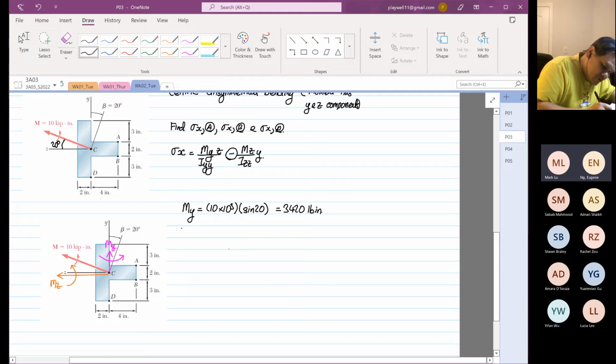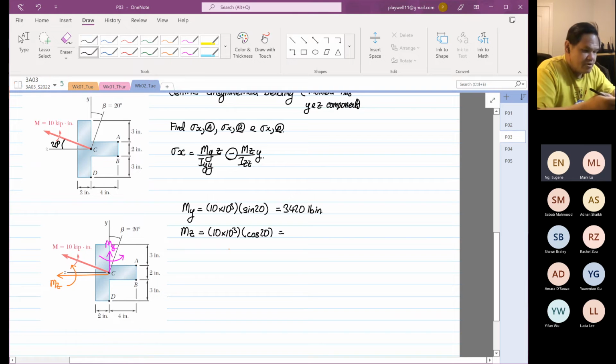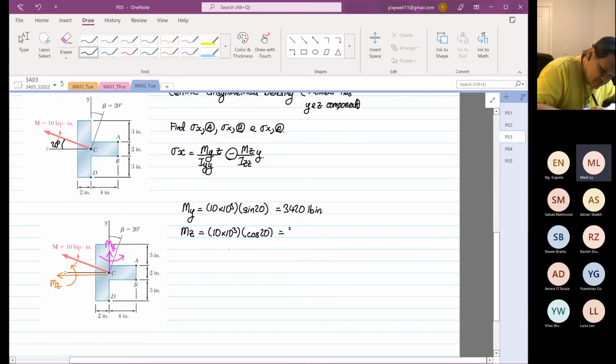And then we are also aware that the moment in Z is equal to 10 times 10 to the power 3 times cos 20. Okay, so 10 to the power 3 times cos 20 is equal to 9397 pound inch.